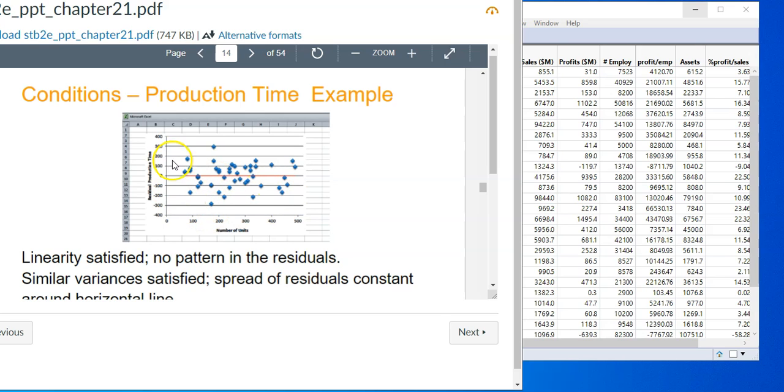And if you see it here, they are randomly spread around the line. We have an equal amount on top and bottom of the line. They don't have a pattern. They don't create a line moving up or moving down.